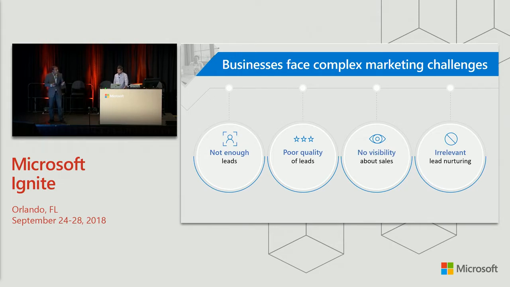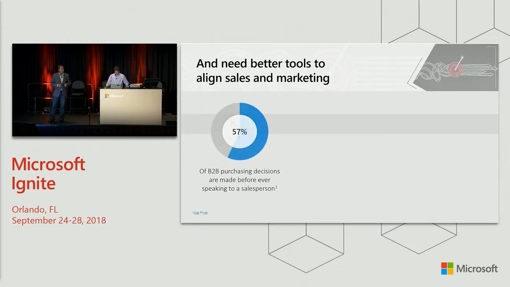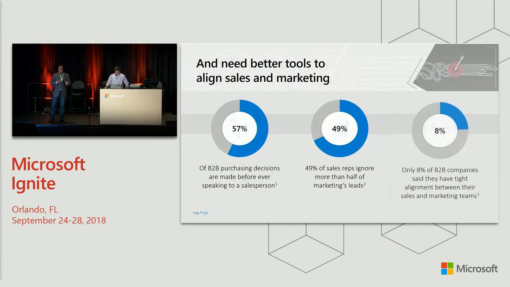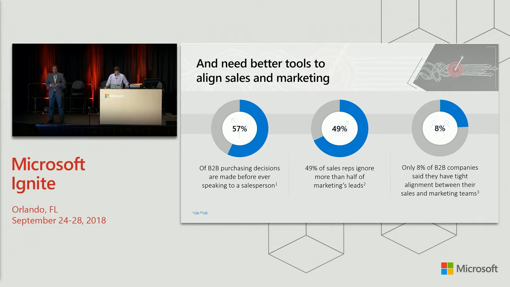If any of your existing organizations face these, that's when you know that a good marketing automation solution can help you. In addition to this, it's important for businesses to align their sales and marketing operations. There are tons of public stats that highlight the importance of this aspect, as articulated by the stats on the screen by CEB. About 57% of the purchase decisions are made even before the prospect speaks to the salesperson.